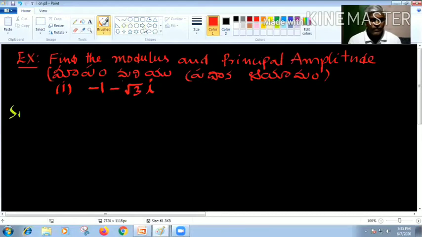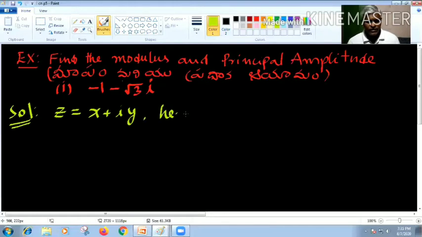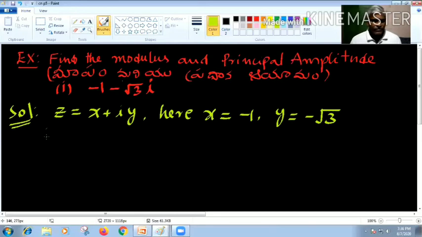Now let us consider the solution. Always compare the given complex number with the standard form x plus iy. Here x value is equal to -1, y value is minus root 3.